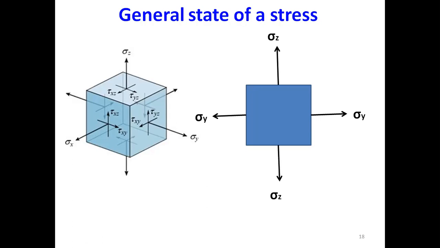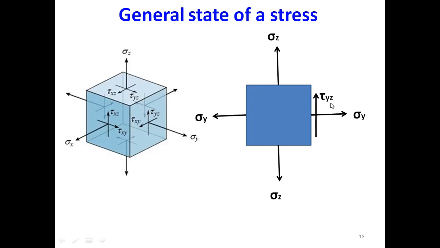Now the stress element is in equilibrium, but when we show the shear stress, looking at the stress element in this direction, we see sigma y shown here, sigma z shown here, and we also see this shear stress tau yz shown here.